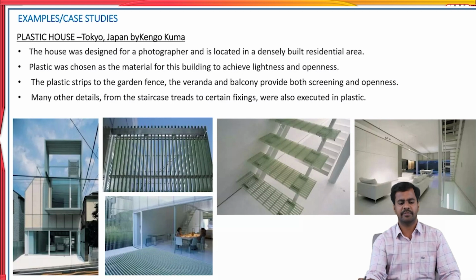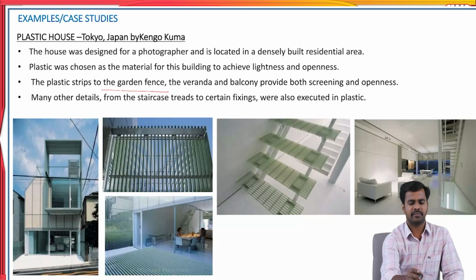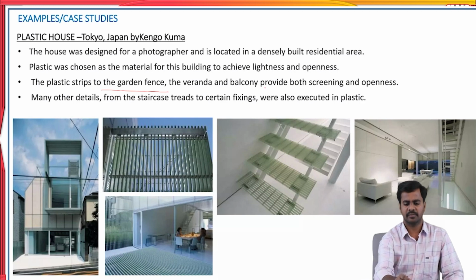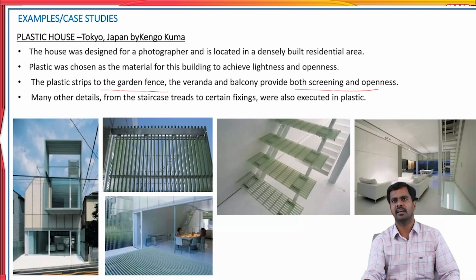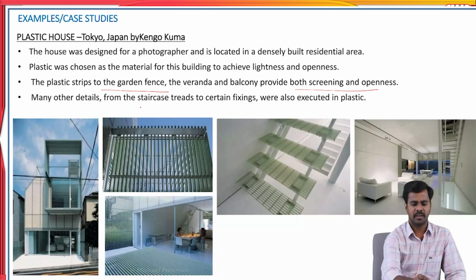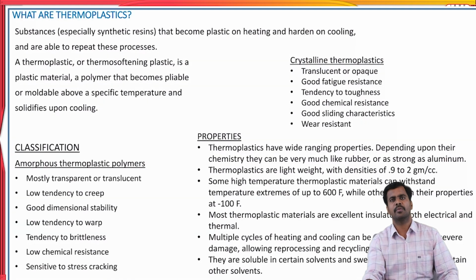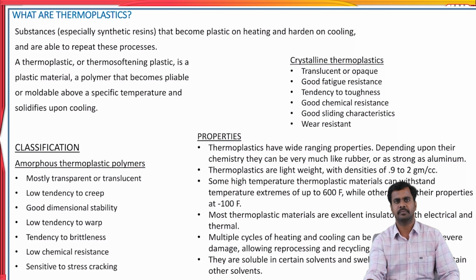The plastic strips for the garden fence, veranda and balcony provided both screening and openness. Many other details from the staircase to certain fixtures were also executed in plastics. So that is about thermosetting plastics.